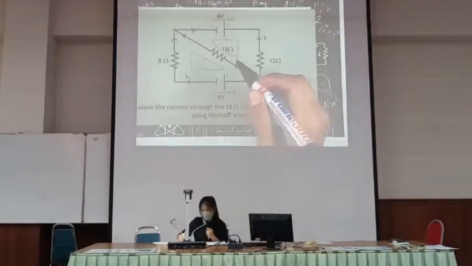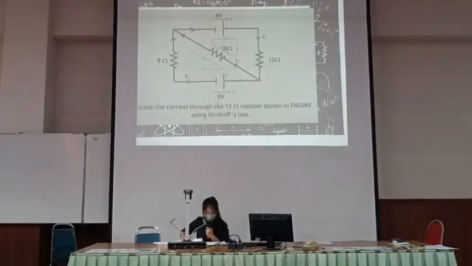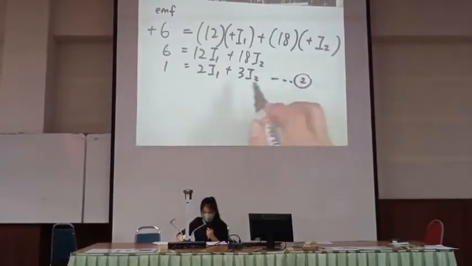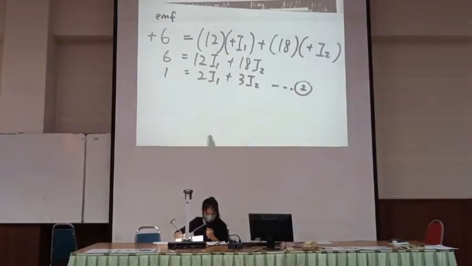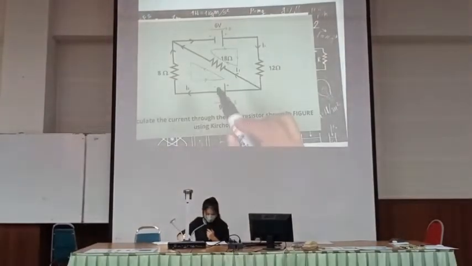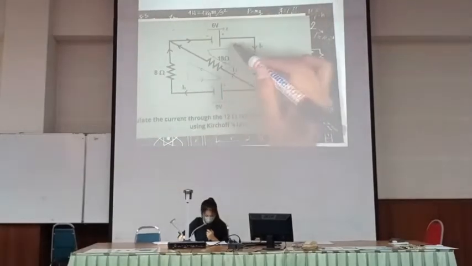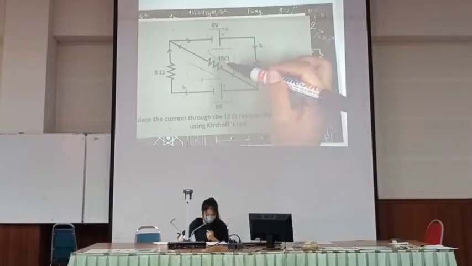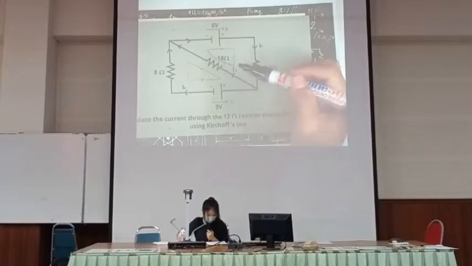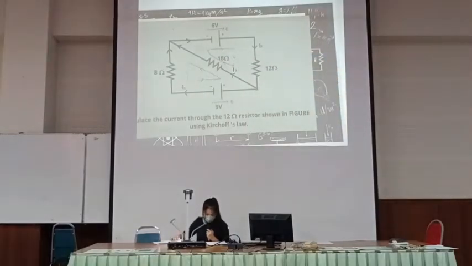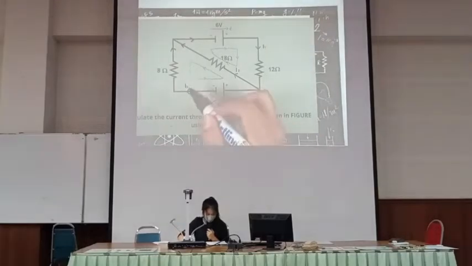You can realize that all the sign for the second equation is positive. This is because the direction of the loop 1 actually is same to the flows of current, which is clockwise direction. Okay, let us proceed to the second loop.